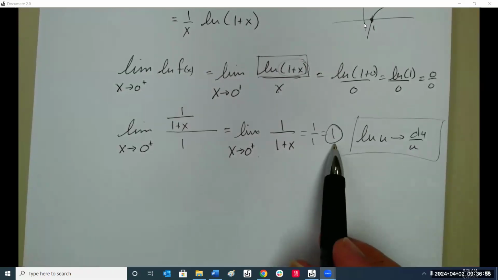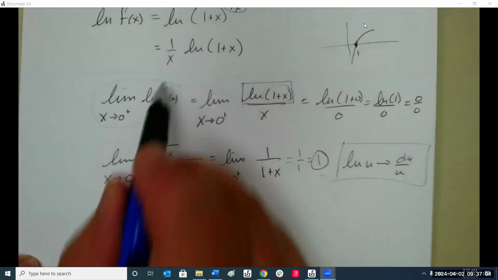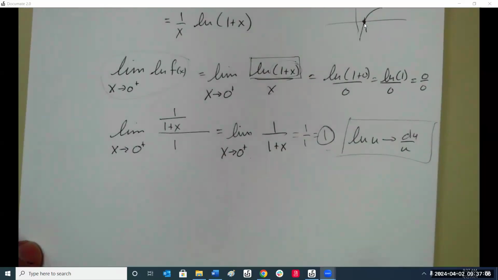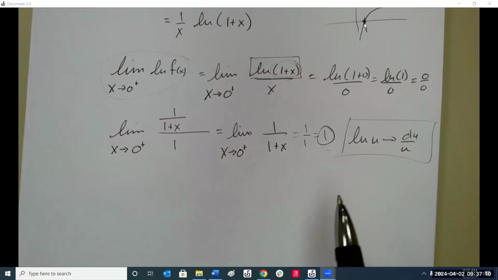Because what does this find us? What does that define for us? The limit of this. That's not the answer to the question. Look at your sheet. What is the question looking for?